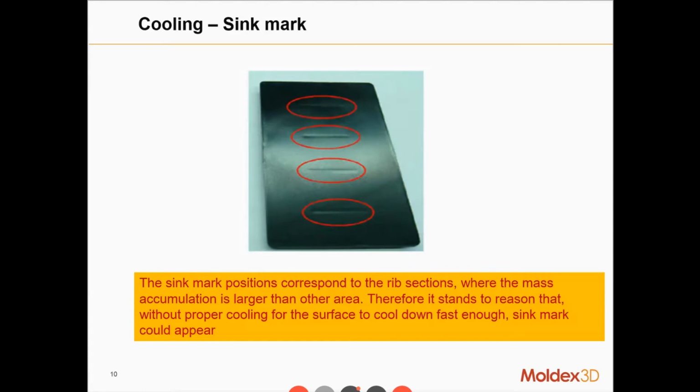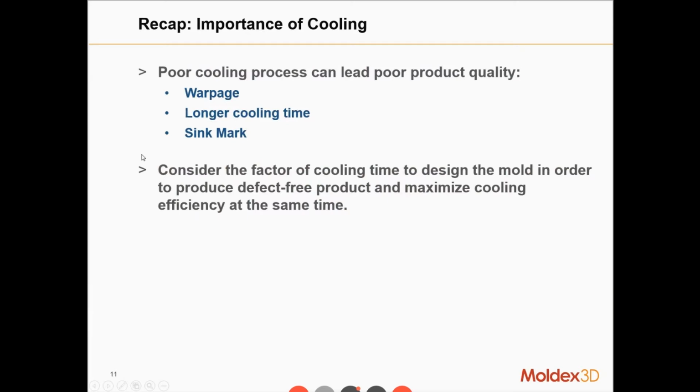Okay, so more mass accumulation, so to say. Now, if the cooling rate is not high enough to bring the surface to a rigid state, then the surface will have some sort of dent in the direction towards the rib, towards the backside. So you have some sort of sink mark.